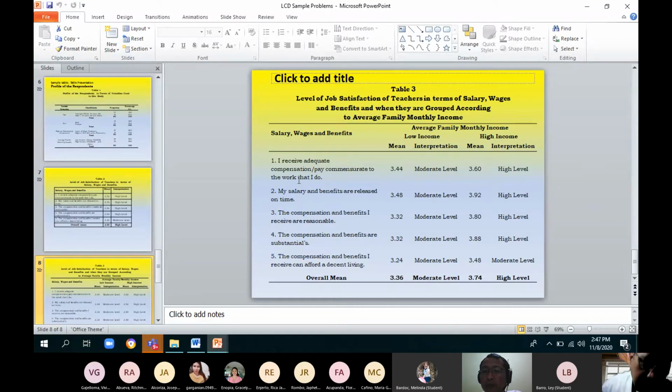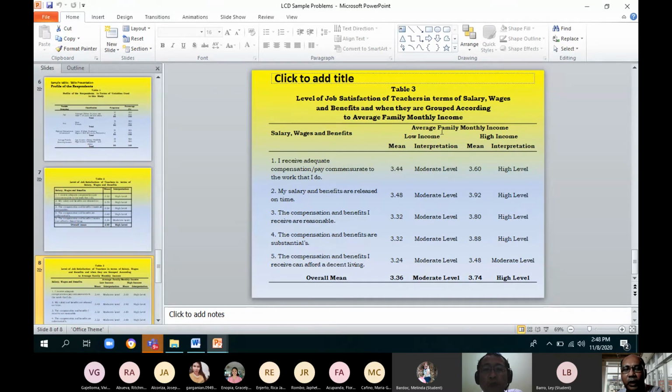This is how to formulate your table for the aforementioned variables. The same, first column, ang items. Ang second column, mean. Ang third column, that is your interpretation.